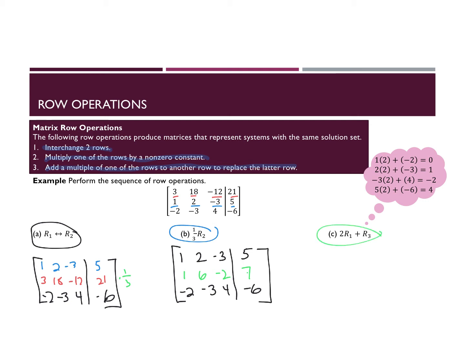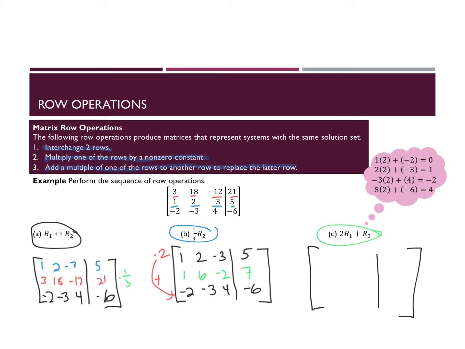And then notice in C, we're going to take 2 times row 1 plus row 3. So the only row that's a change in letter C is row 3.